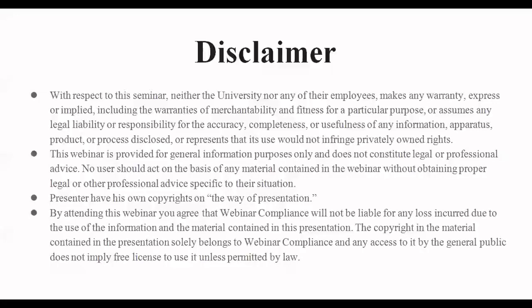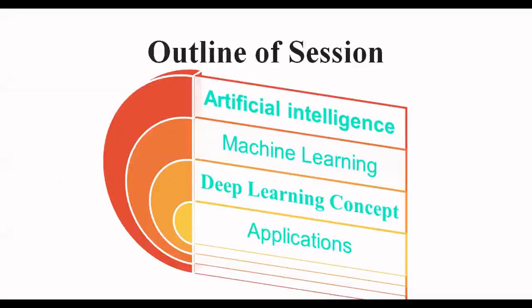So basically, before I start, I would like to give you a quick outline of today's session. I will start with the concept of artificial intelligence. I will give you a quick overview of what artificial intelligence is and how it is applied.